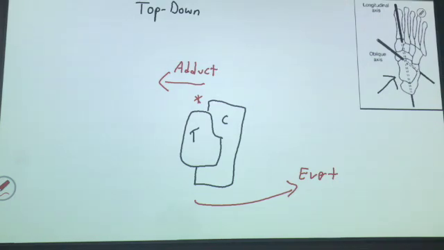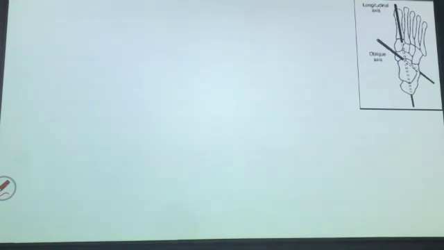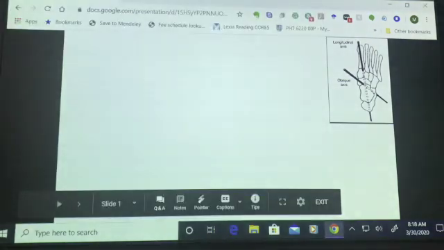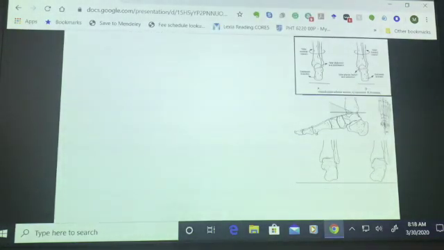Also, what we're going to have to understand is how, when we're looking from the back to the front, all this occurs as well. So what I want you to really think about here, and I'm going to switch slides real fast, is open chain and closed chain motion.